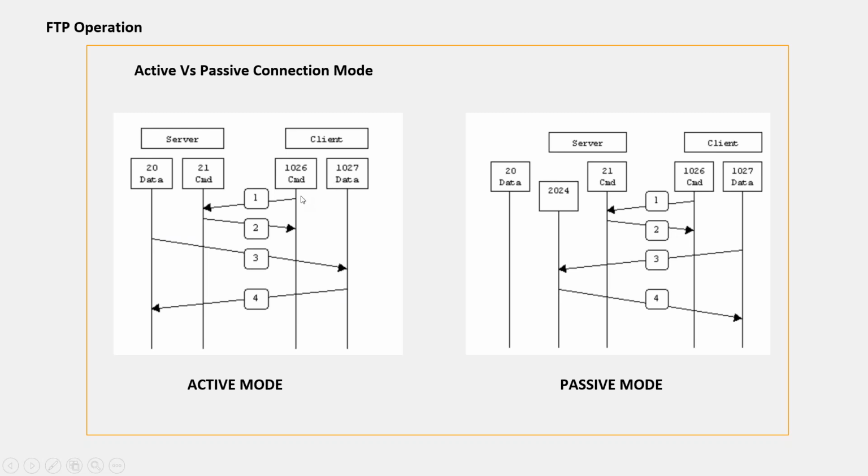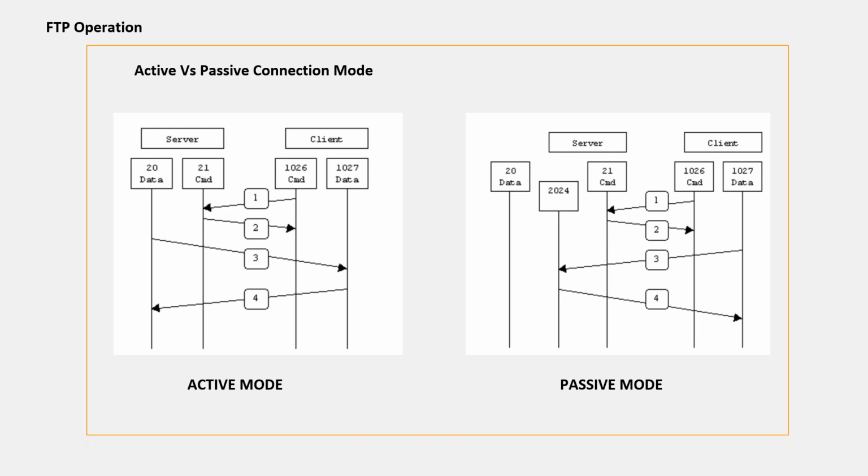So in active mode, the client connects from a random port and the server initiates the connection to where the client is listening, right? The main problem with active mode is that it falls on the client side. The FTP client doesn't make the actual connection to the data port of the server. It simply tells the server on which port it is listening, and the server then connects back to the specified port on the client.